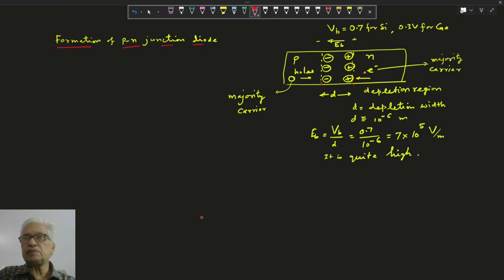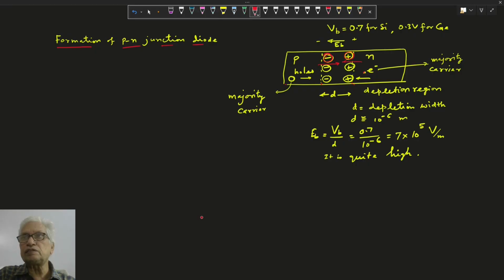P-type and N-type individually are neutral, but electrons from the N side come into the depletion region, and holes from the P side come into the depletion region, and they are depleted, leaving behind positive ions towards the N side, and negative ions towards the P side.